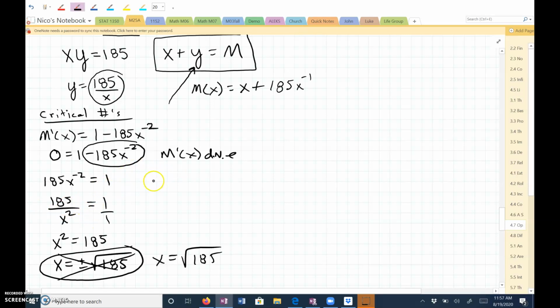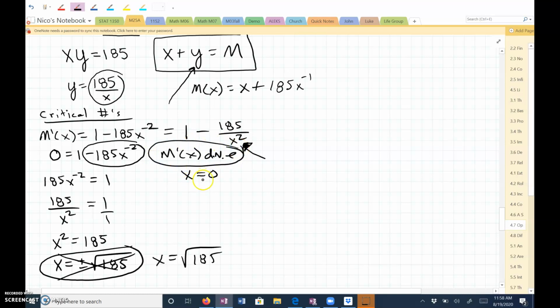Also, let's see. If we think of this as being 1 minus 185 over x squared, if x is 0, the derivative would not exist.